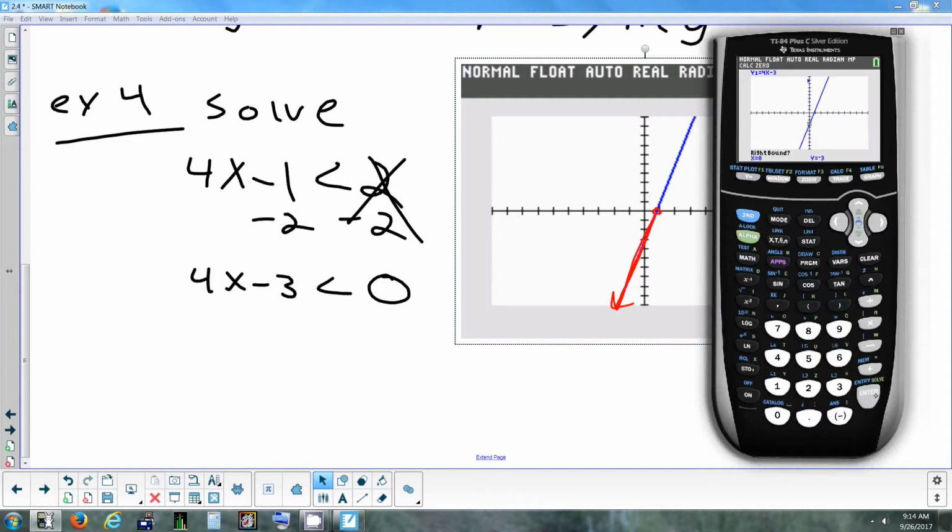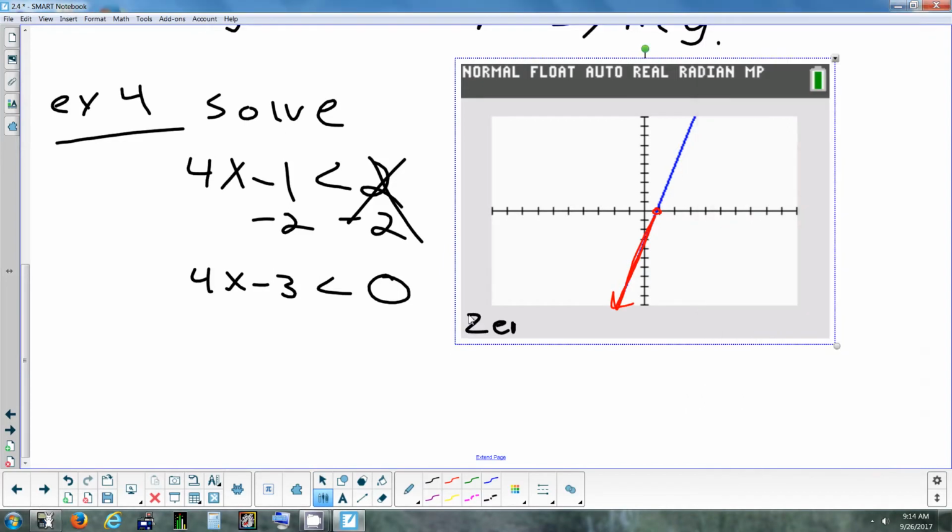So pick a point somewhere to the left. Do the right guess, doesn't matter. And we get 0.75. So we want to plug in anything less than 0.75.